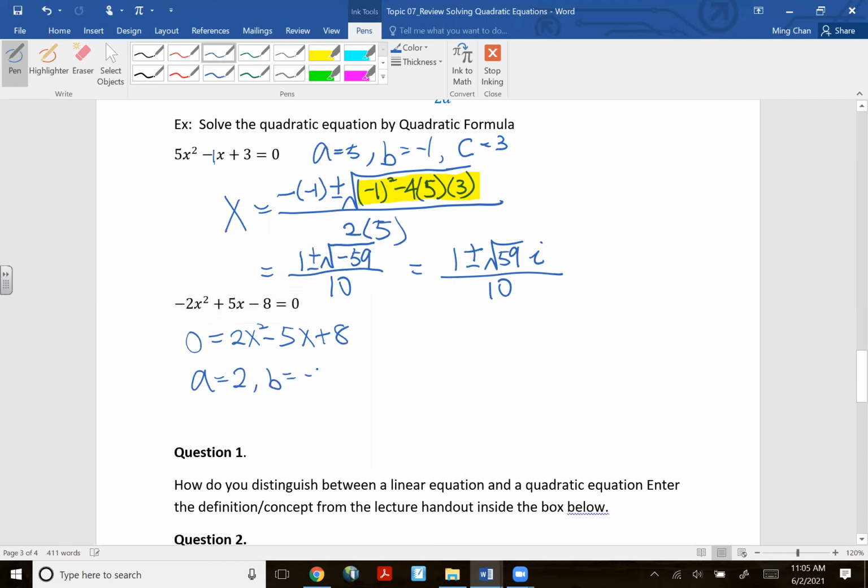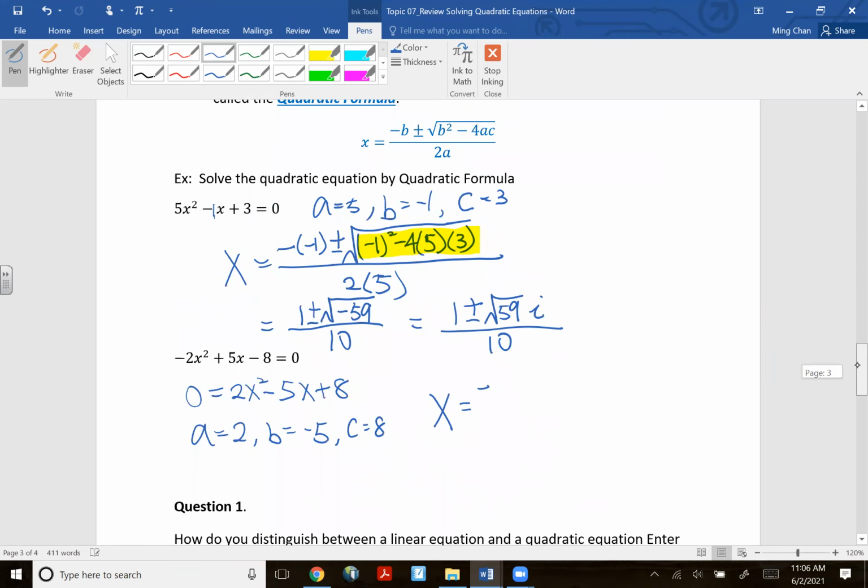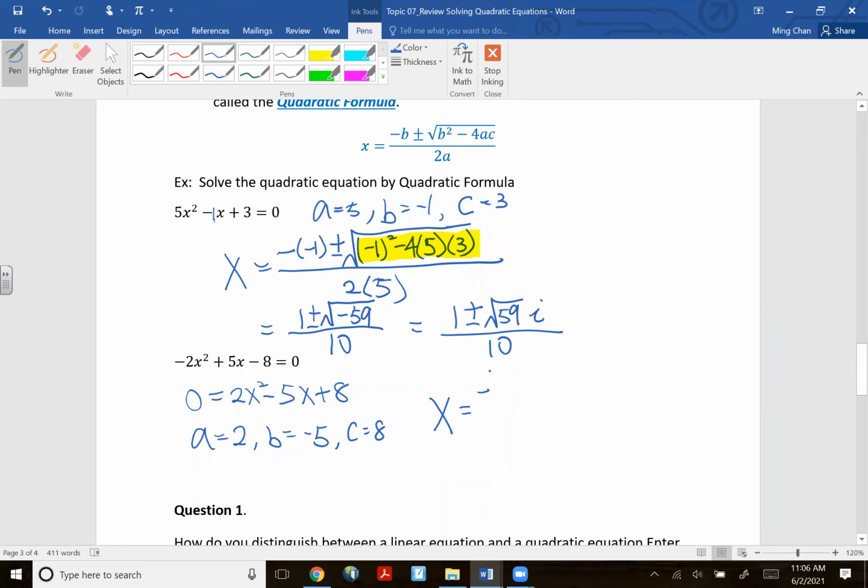B should be negative 5. C should be positive 8. All right, I'm going to substitute into the formula. I think the formula says negative b, right? The negative sign has got to be there.